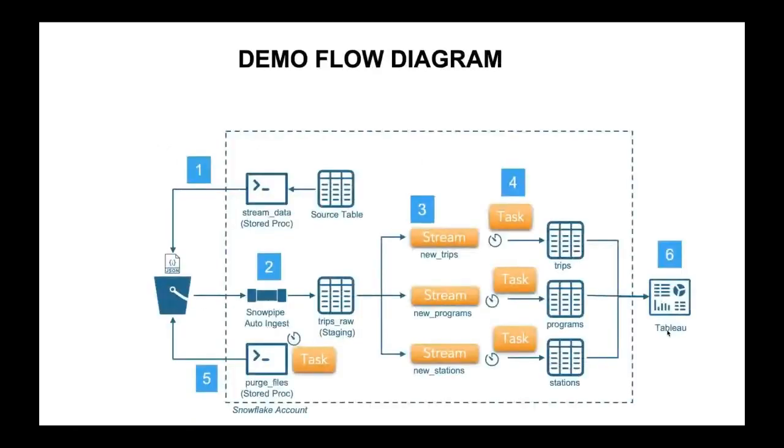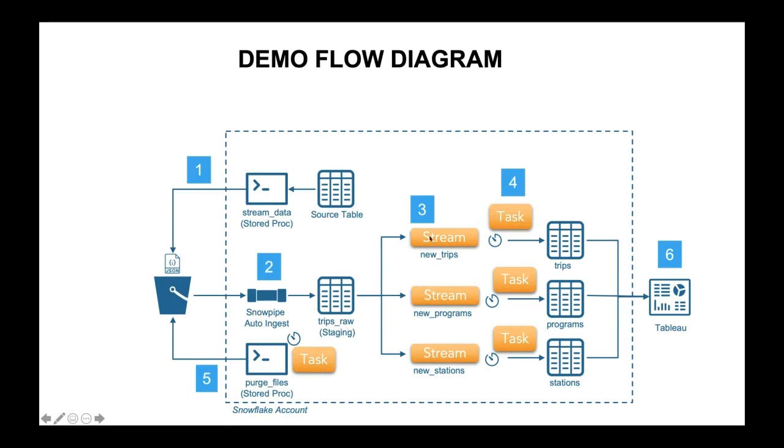So the flow of the demo looks a bit like this, where from the source table, I have a stored procedure which is going to generate files into my S3 bucket. That's step number one. Then Snowpipe auto-ingest is going to load that data into a staging table, and I'm going to name it trips_raw.